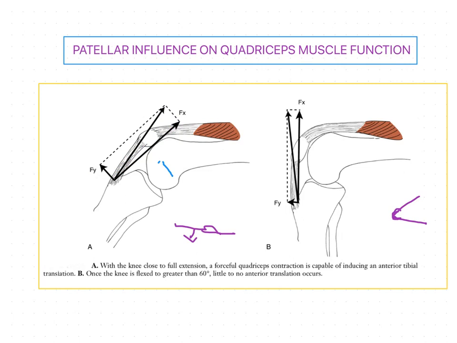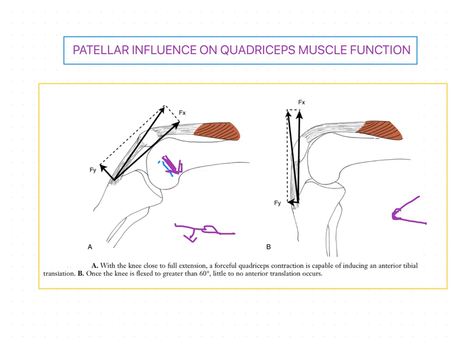Then what happens to the quadriceps in full flexion? As we know, the joint axis is constantly changing. It is not fixed. During flexion, the joint axis shifts posteriorly. So in complete knee flexion, the joint axis is shifted posteriorly.